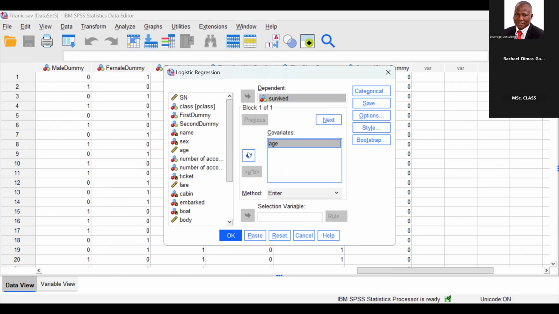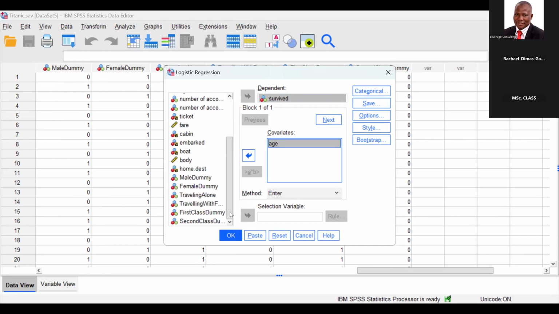Scroll down to pick the other ones. Female sex: the one I coded female one, male zero. Click on female sex. Female dummy, rather, don't worry.